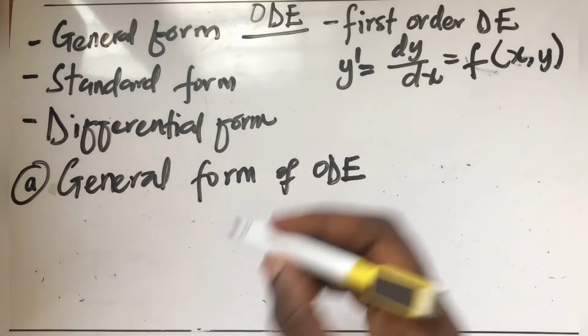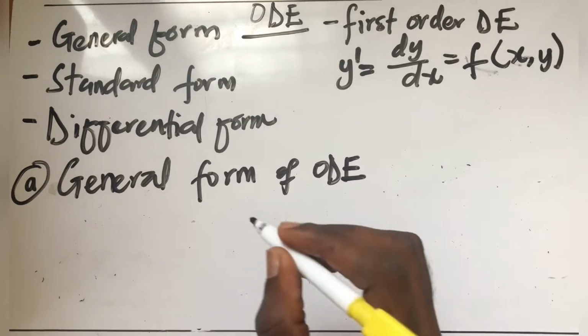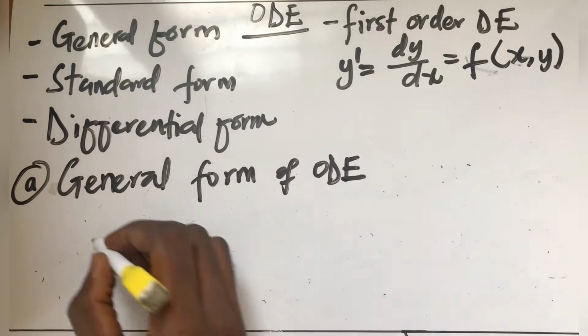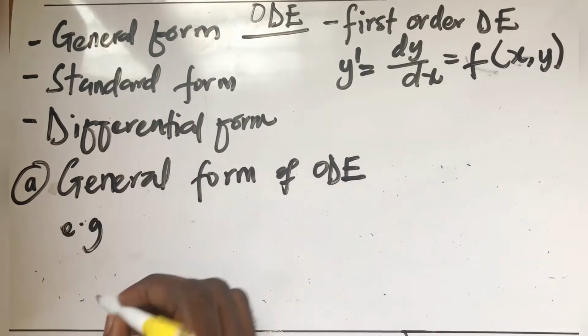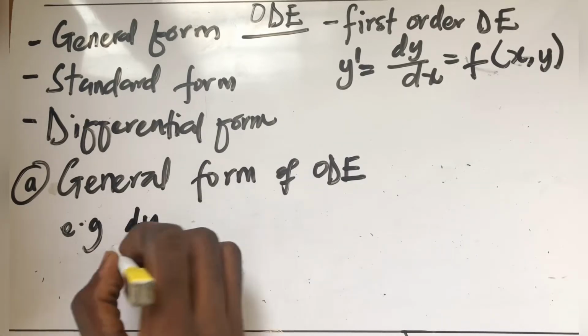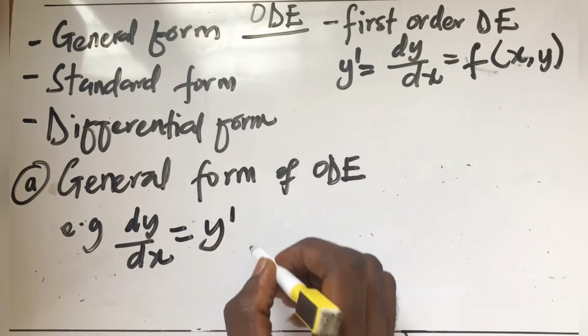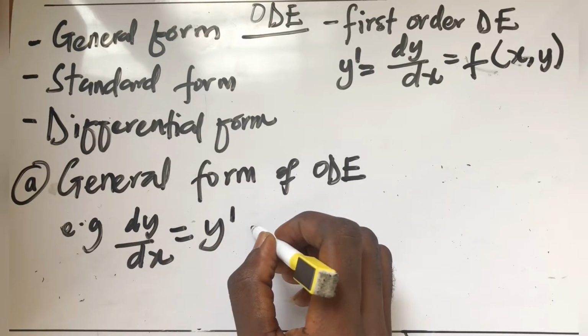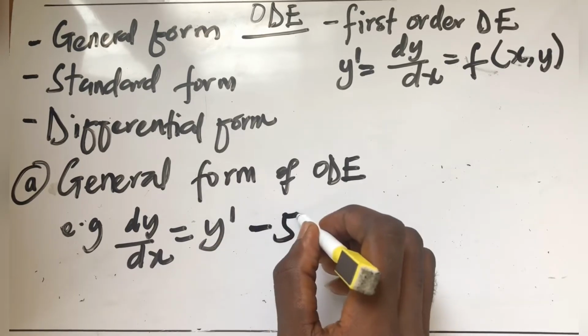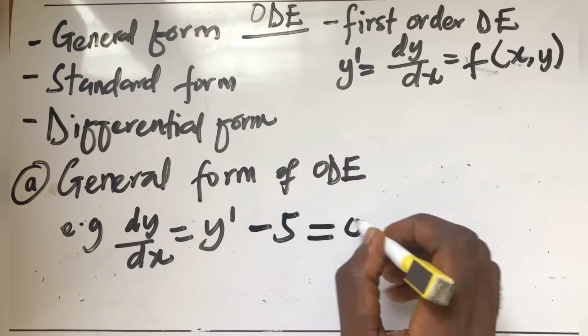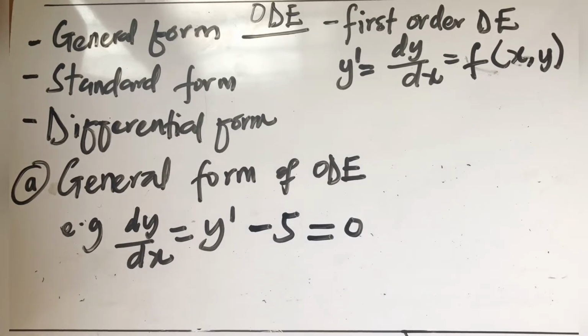Whenever you meet a differential equation written in this format, for example dy dx or y prime minus 5 equals 0, this is what a general form of a differential equation looks like.